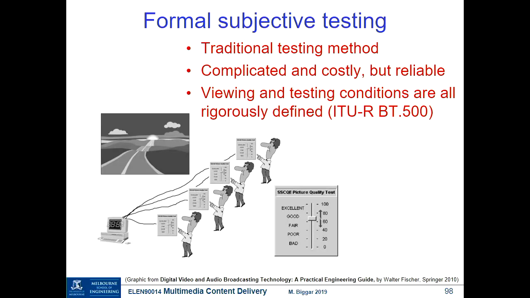So the idea is you get lots of people that you sit in front of monitors, TV monitors, with highly controlled viewing conditions, so they are set at a fixed distance from the screen, and the surrounds around the screen are illuminated at a particular level of grey, and all this sort of stuff is all controlled, all defined by a standard there.